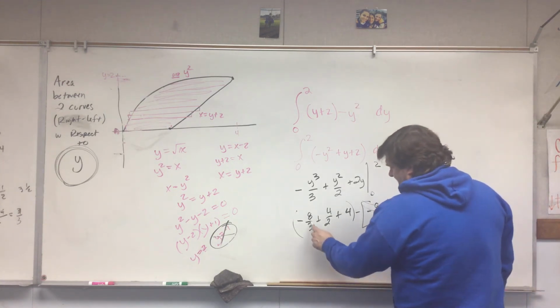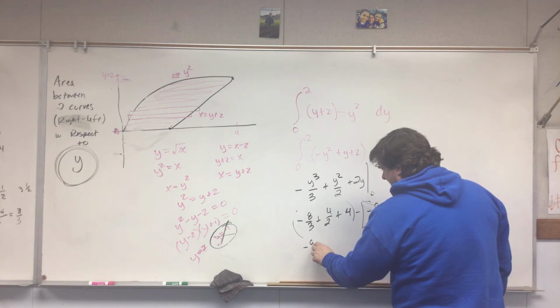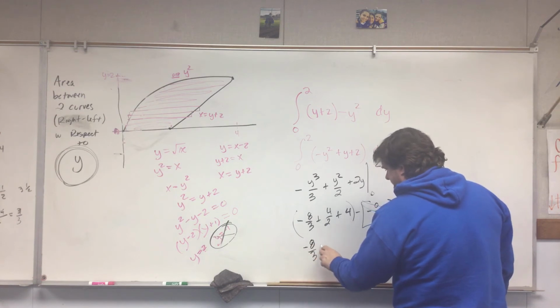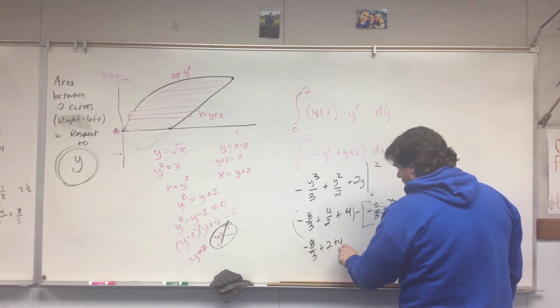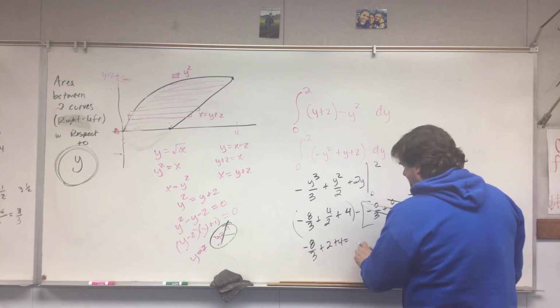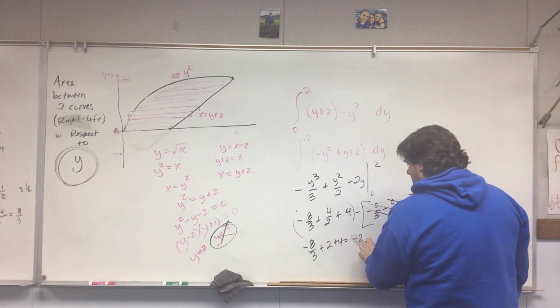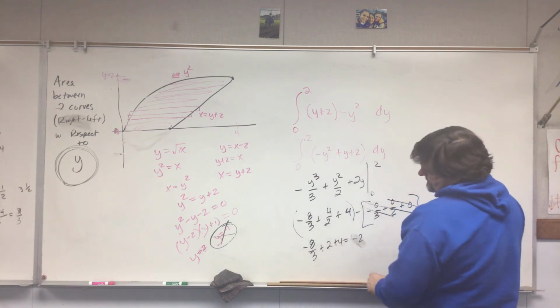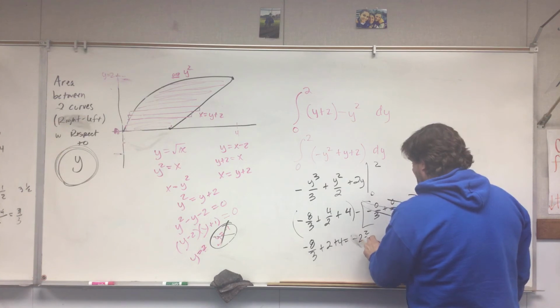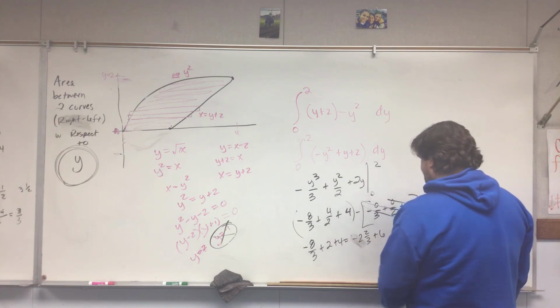And so we get negative 8/3 plus 2 plus 4, which gives us negative 2 and 2/3 plus 6.